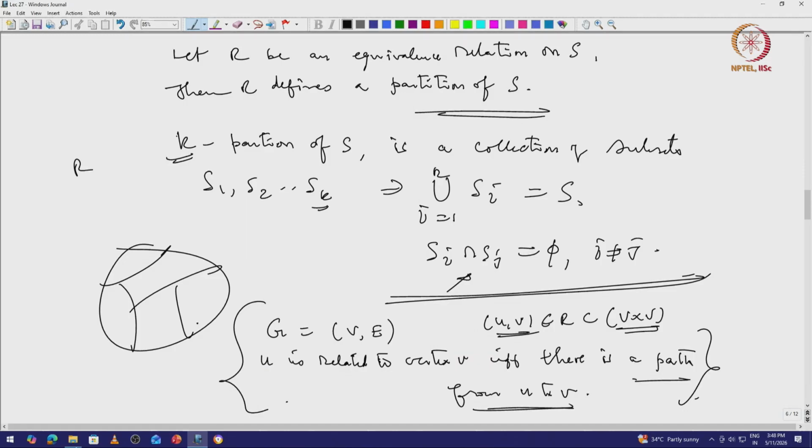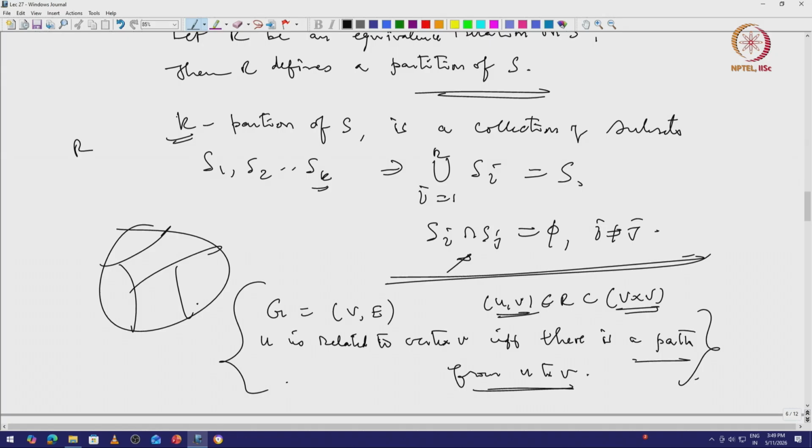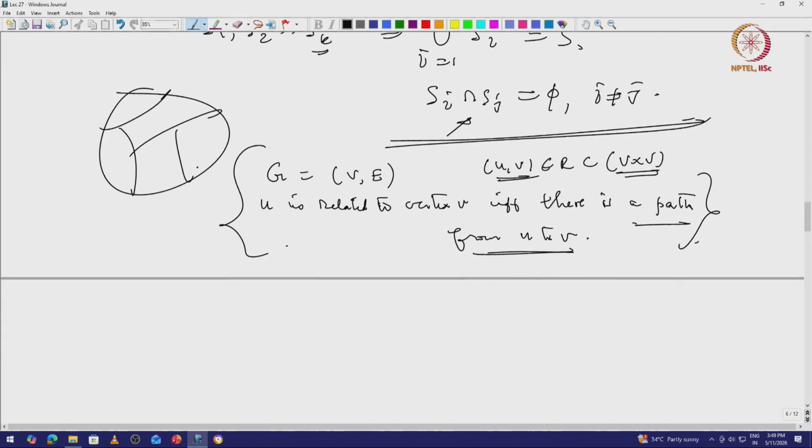Again, if you have a path from U to V and V to W, you can construct a path from U to W. Therefore, the relation U is related to V if and only if there is a path from U to V is an equivalence relation. This equivalence relation is going to induce a partition on the vertex set. Those partitions are called connected components.